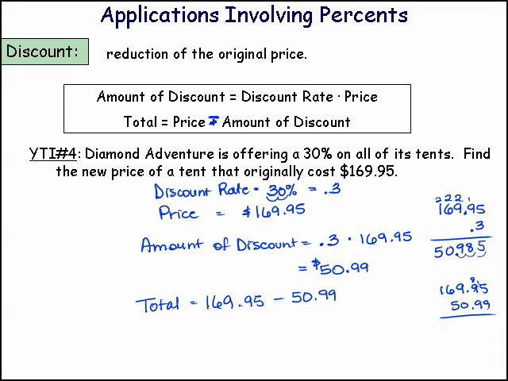Here we get 6. And then we have to borrow here again, so we get 9 and 8 here, 1, so $118.96.